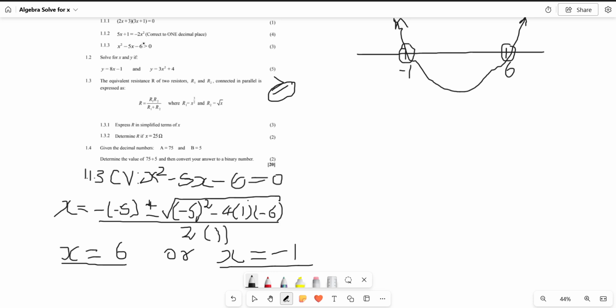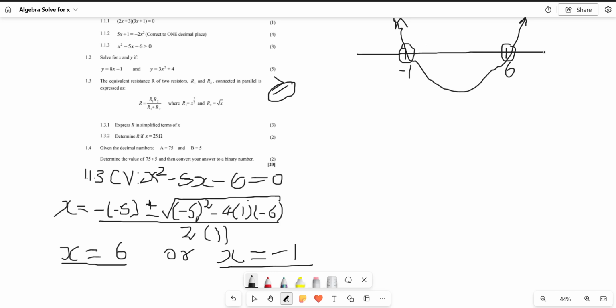The inequality says greater. This is a greater inequality. The word greater means positive. The word positive means you must check on this parabola that we have drawn which part of the parabola is positive. How do you check that? Which part of the parabola lies above the number line.